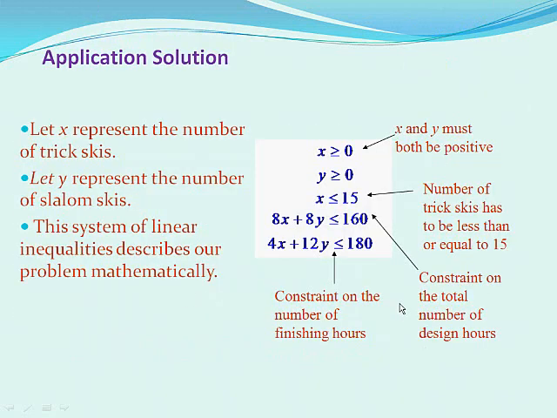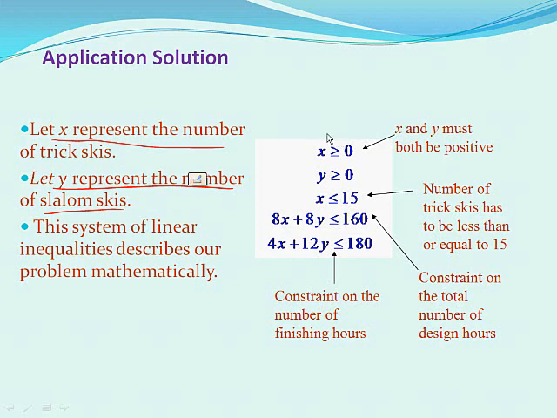Here is a solution. We take two variables, x to represent the number of trick skis and y to represent the number of slalom skis. Then immediately we can write that x and y must both be non-negative because we cannot make a negative number of skis.